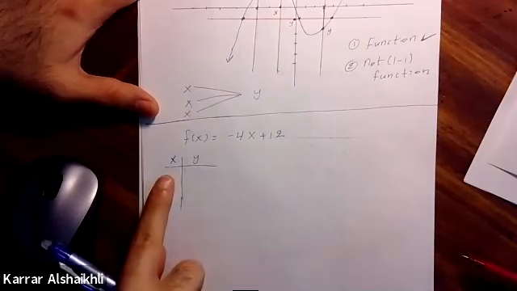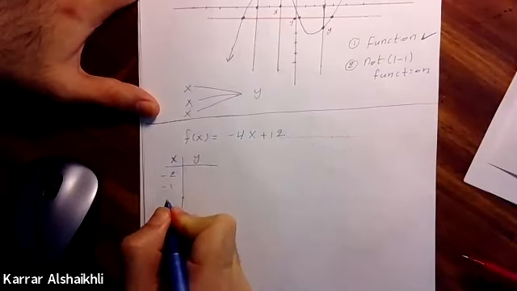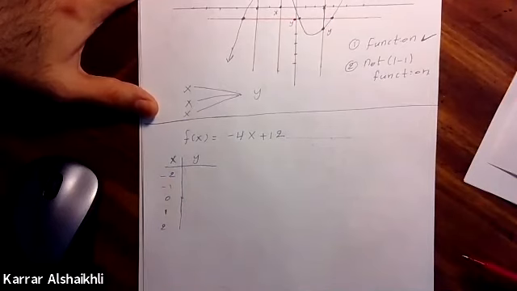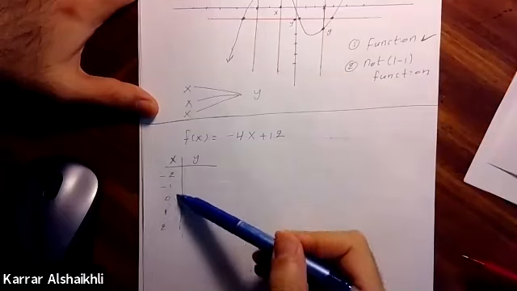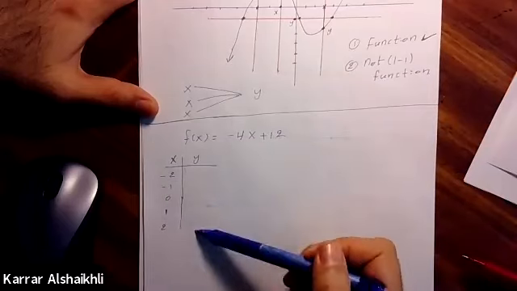Let's choose any points here: -2, -1, 0, 1, 2. I'm plugging these points into the function to get the y.